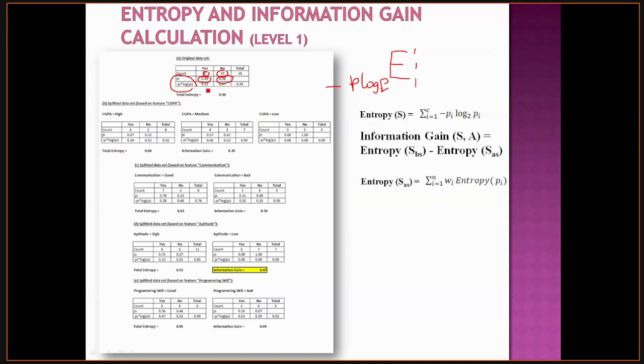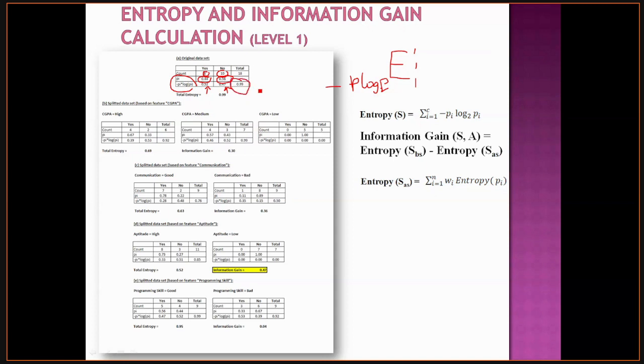The values come to 0.52 and 0.47. Now we have to calculate the overall entropy, which is the sum total of these: 0.52 plus 0.47, which is 0.99.